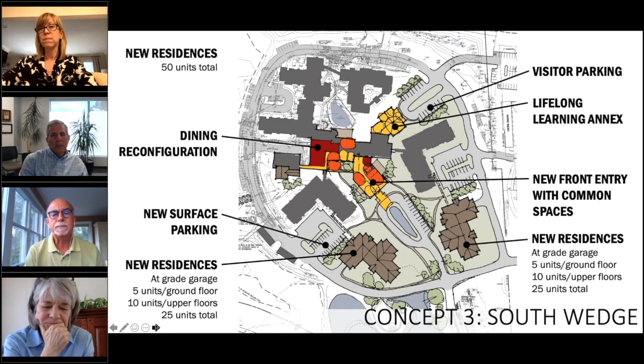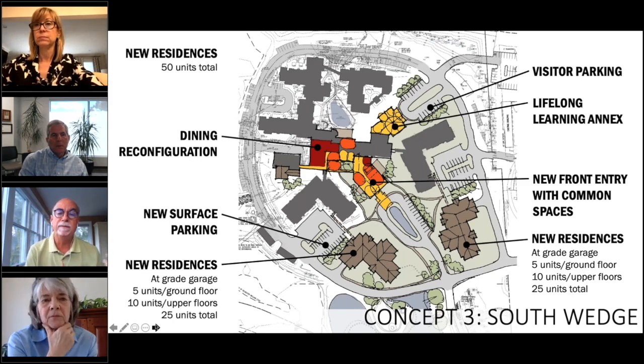And then we looked at all of the common spaces and realized that as we grew this community from 90 units to as many as maybe 140 or 150, we needed to address the diversity of activity programming, dining options, better fitness, better performing arts and activity spaces.